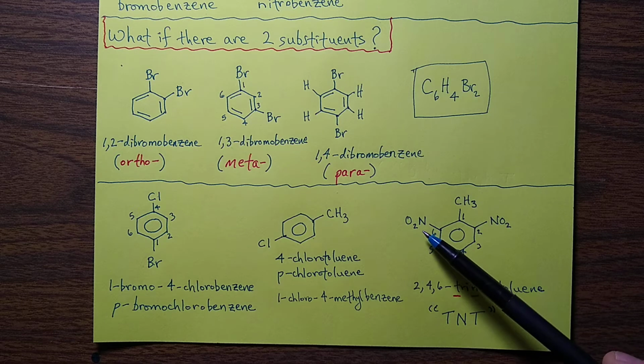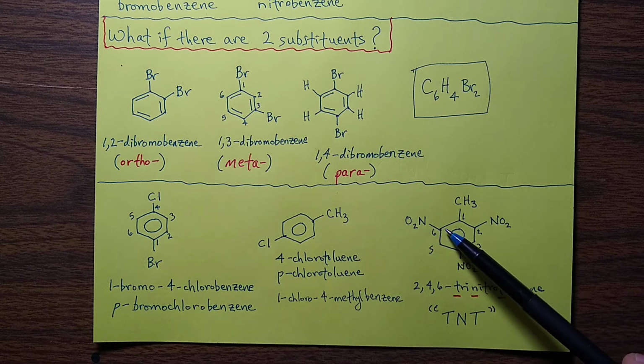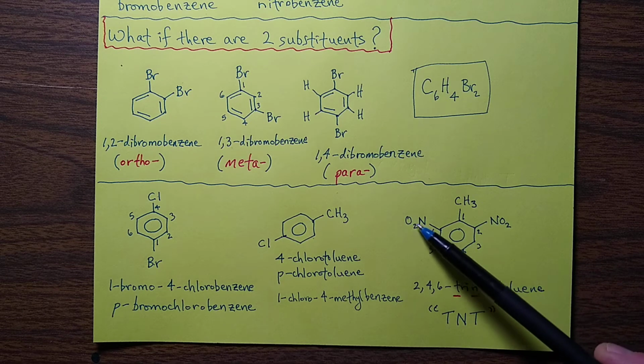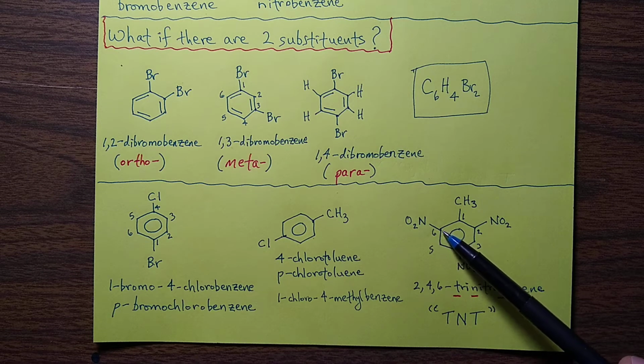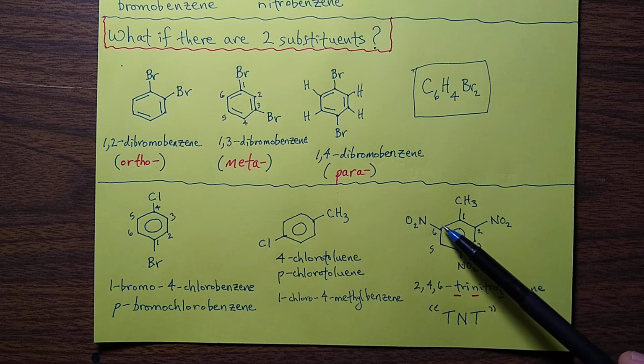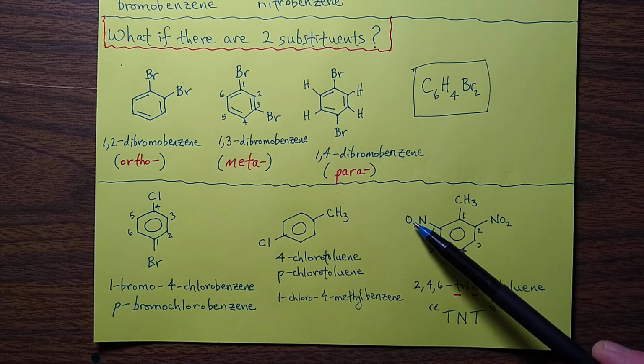Notice how I drew this one, what appears to be backwards. I did that because I want to tell you that the nitrogen is the atom that's bonded to the ring. If I drew it NO2 facing the other way, it would look like the oxygen atom is bonded to the benzene ring, this carbon, but it's not. The nitrogen is actually the atom that's attaching to this carbon, and then the other 2 oxygens come off of the nitrogen.